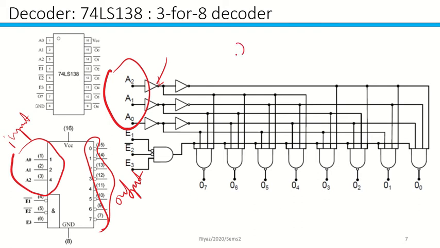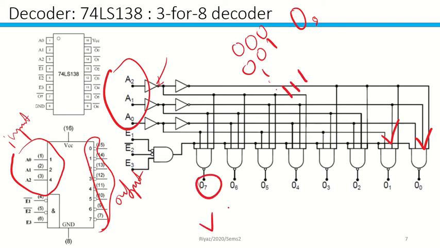Similarly, when you have 000, output 0 will be activated. When you have 001, this will be activated, and so on. When you have 111, this will be activated. This is how you do the decoder.